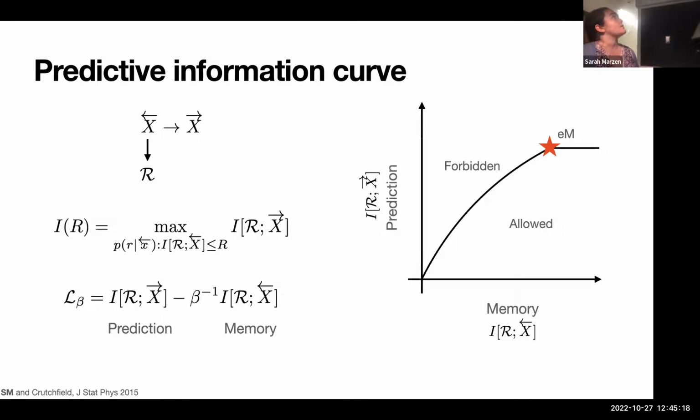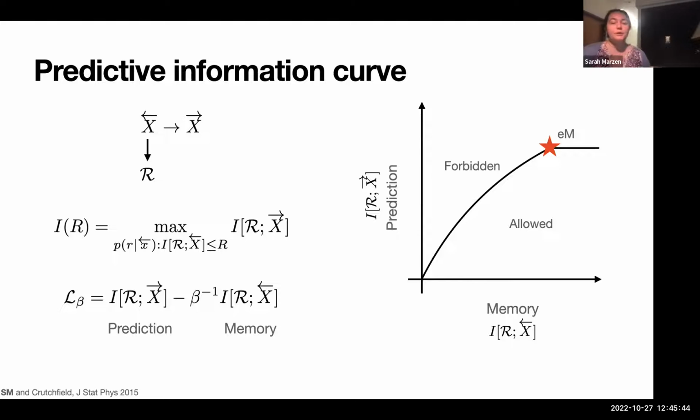And this I of R gives you exactly the predictive information curve. You can turn this constrained optimization problem into an unconstrained one. This is a Lagrange multiplier. This right here is where the causal states are. They have minimal memory and maximal prediction. Minimal memory required for maximal prediction. So you can't have less memory than this and get to maximal predictive power. So that's why they're special.